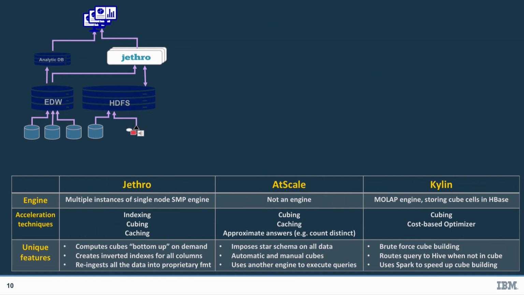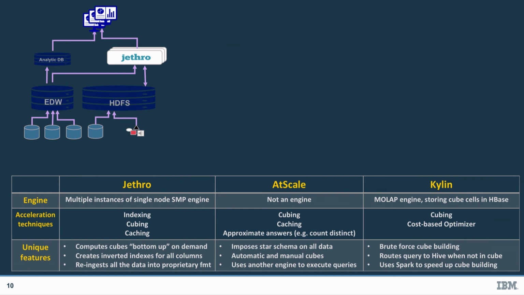The nice thing about it is that it's fairly autonomic. When you connect Jethro to your data, Jethro will fully index the data, even the measure columns, a very aggressive indexing approach. It will create cubes as you execute queries against the engine. So it learns from the queries that you run, which is another nice thing.